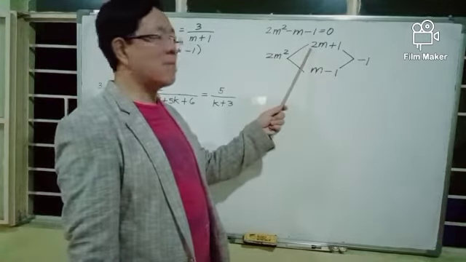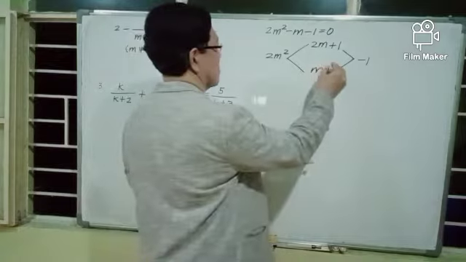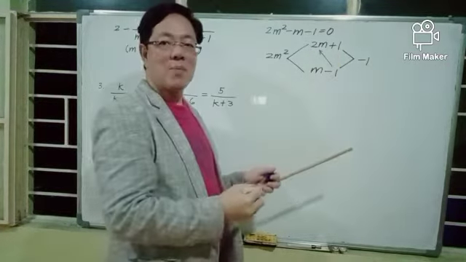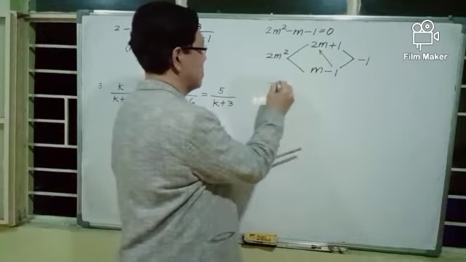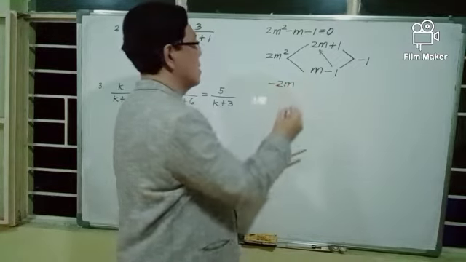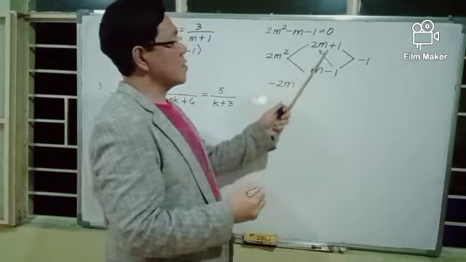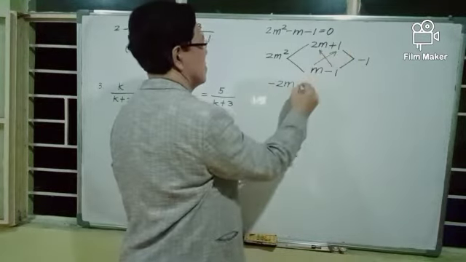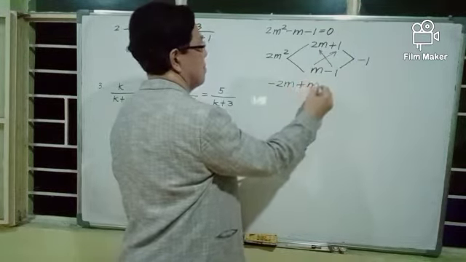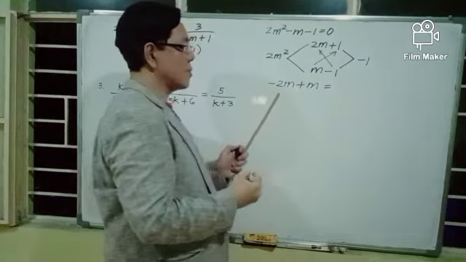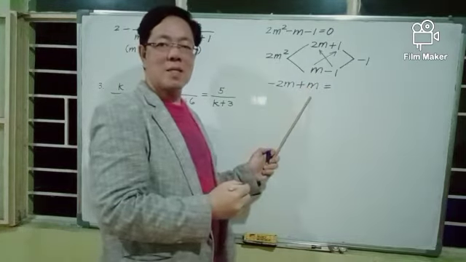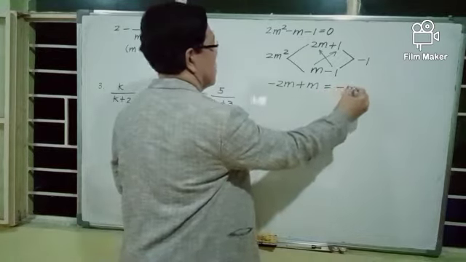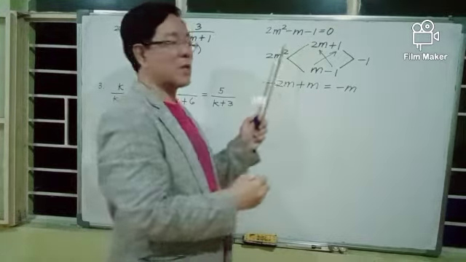Multiply -1 by 2m. -1 multiplied by 2m is -2m. And m multiplied by 1 is m. Plus m. -2m plus m is minus m, which is the middle term.